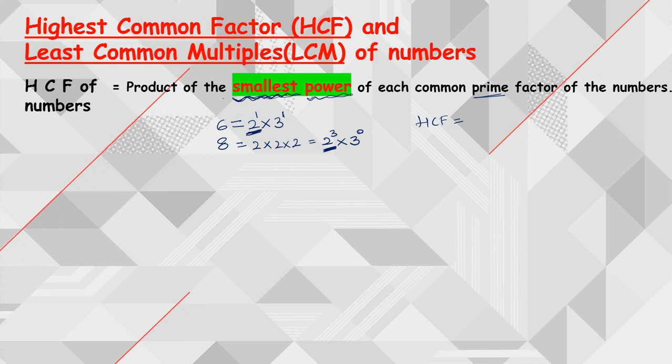Amongst these two, the smallest power is 2 power 1. Since I need to take the product, we also observe 3 and 3. Here the power is 1, here the power is 0, so the smallest is 3 power 0. So 2 into 3 power 0, which is 1, gives 2. Finally, the HCF is 2.